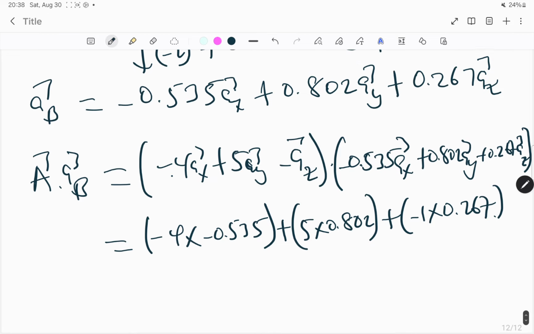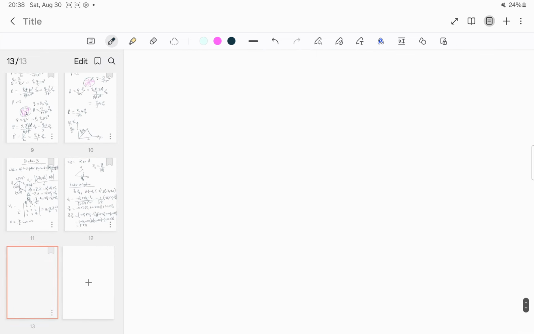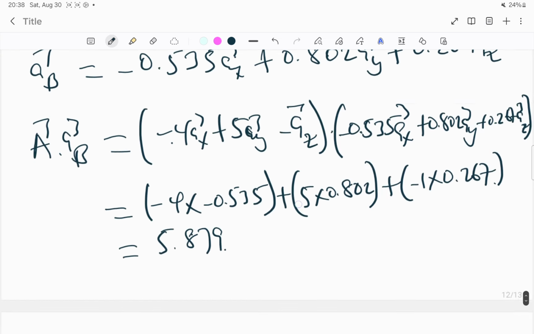So when you do all this, you get 5.879, right? 5.879. So now I've done my scalar projection.